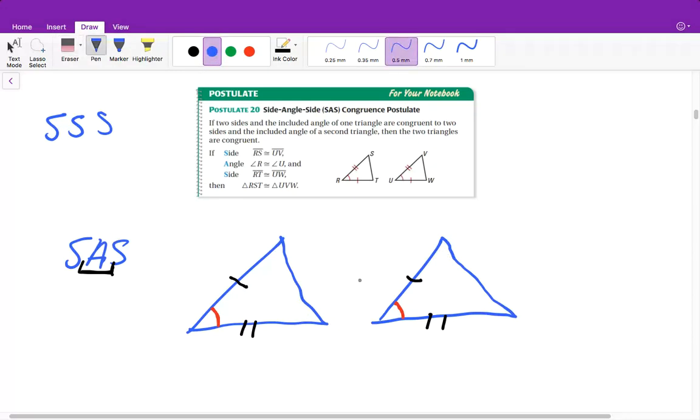When we look at these figures, it has to be the angles between the 2 sides that are congruent in order for us to say 100% guaranteed that these 2 are congruent. Here in this example, we have RS congruent to UV, RT congruent to UW, and since R and U are the angles between the 2 congruent sides, they must also be congruent, which they are. That allows us to use side, angle, side, and then we can say that the 2 triangles are congruent with our congruency statement.